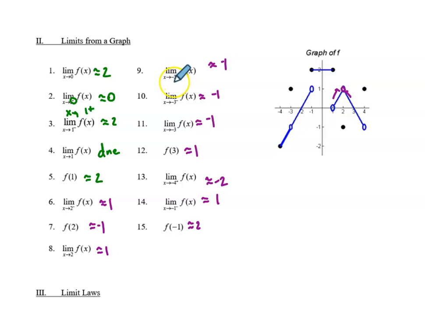The limit as we approach -3 from the right, we're coming in from the right, so we're approaching -1. As we approach -3 from the left, right here, we're also approaching -1. Since we're approaching the same value from the left and the right, our overall limit is going to be -1.